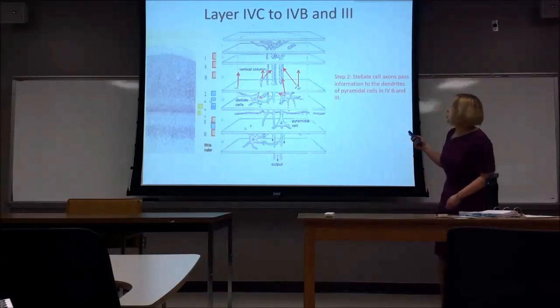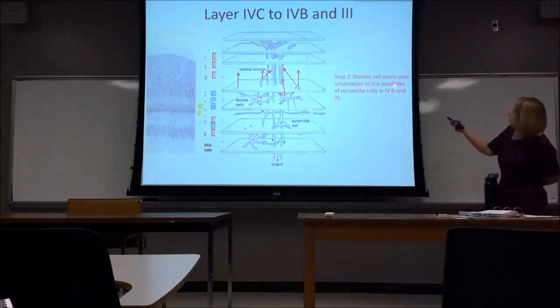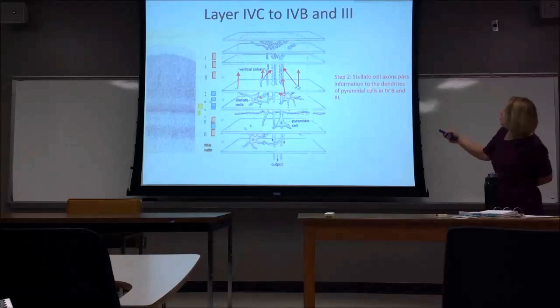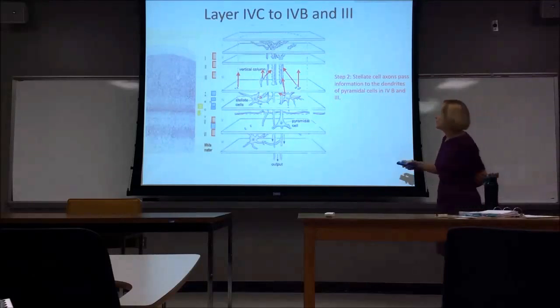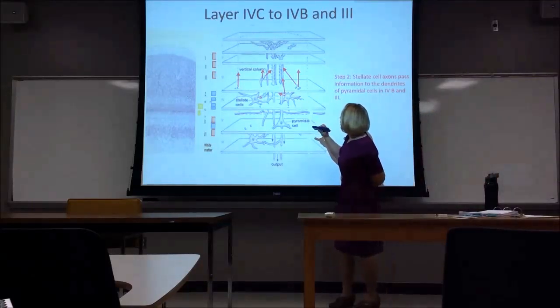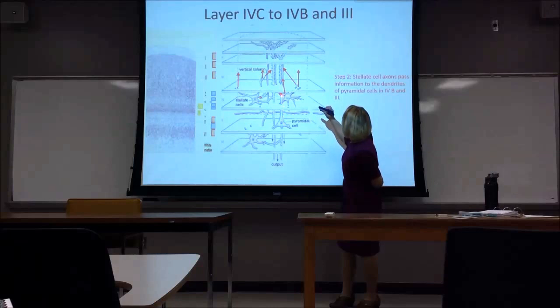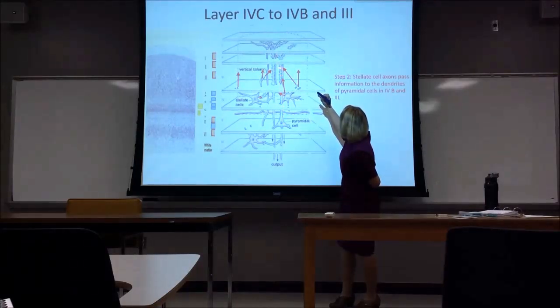In step 2, these neurons pass information to the dendrites of pyramidal cells in 4B and 3. Basically, here are our pyramidal cells. See how they have little buds all the way up them, and these stellate neurons are passing information.